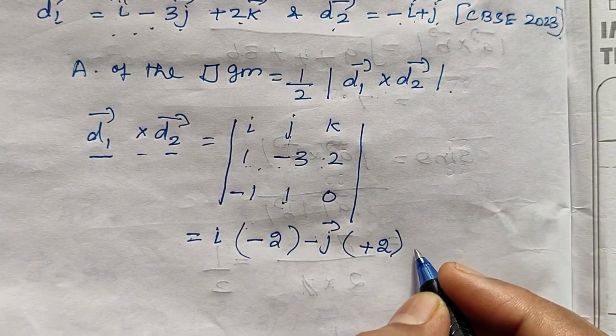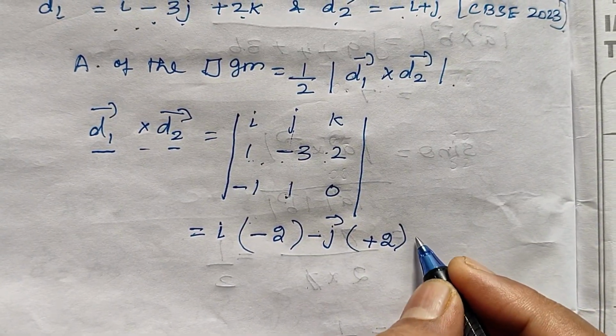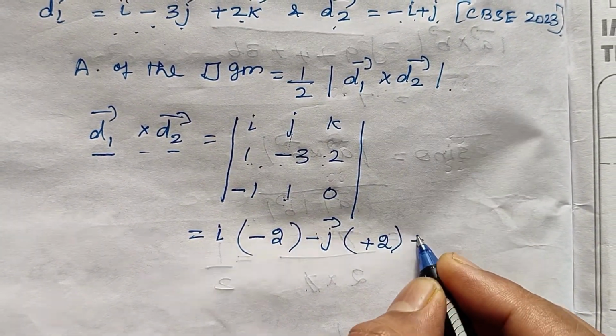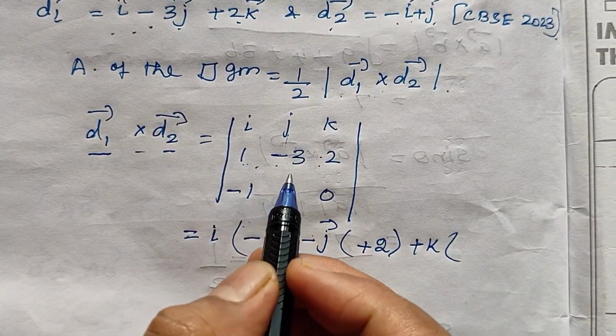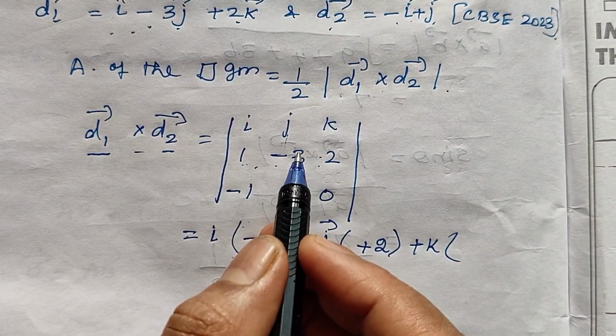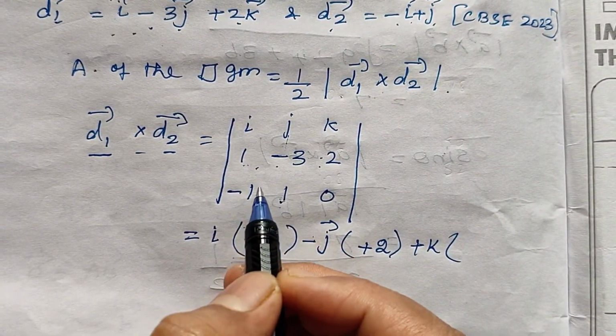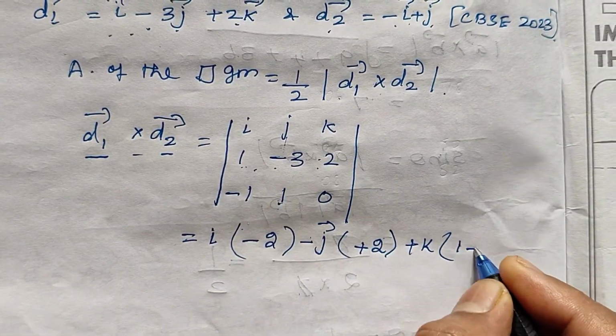Then next plus k vector into 1 plus 3, here minus 3 into minus 1, plus 3.